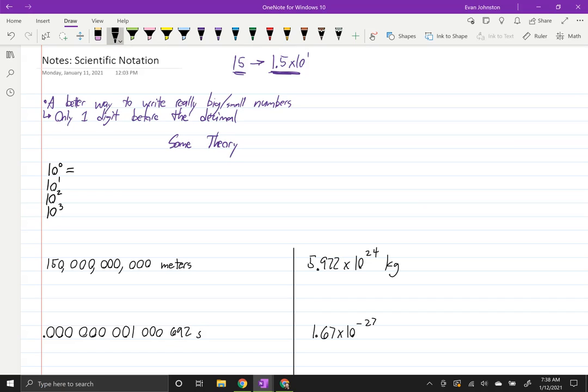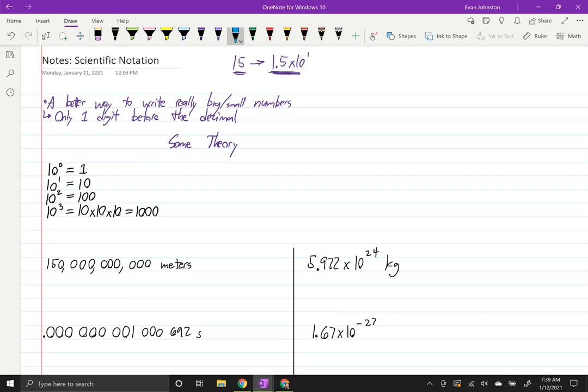Maybe from your math class, anything to the 0th power is 1. But 10 to the first power, well, that's just 10. And 10 to the second power, that's 100. And 10 to the third power, what's happening under the hood is we have 10 times 10 times 10. And that gives us 1,000.